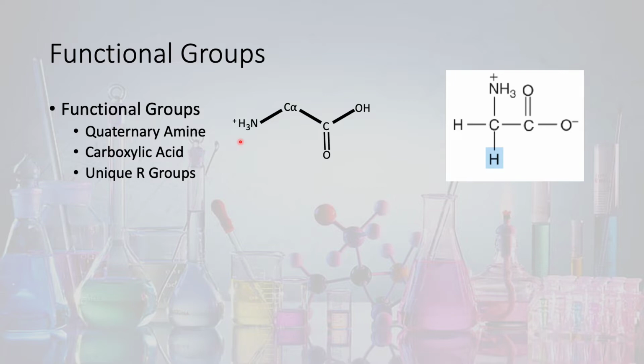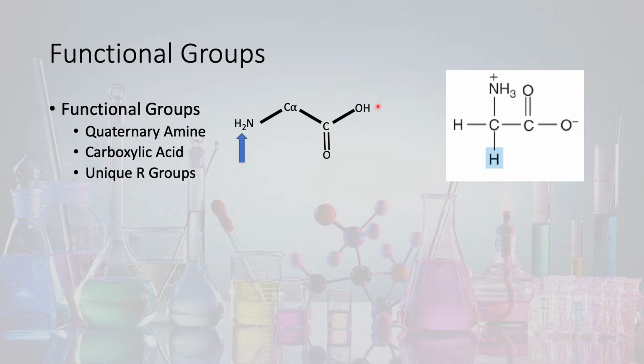So technically, this can donate this hydrogen to a solution depending on the pH and some other factors that we'll discuss. So the quaternary amine can also be a tertiary amine with no net positive charge. In the right solution, it will donate its hydrogen and will no longer be protonated.